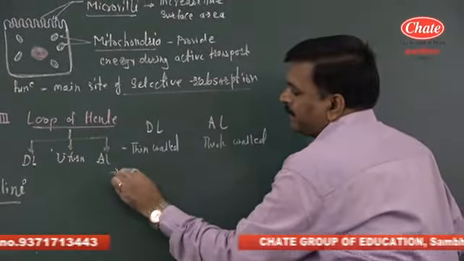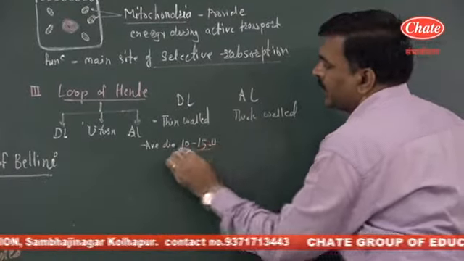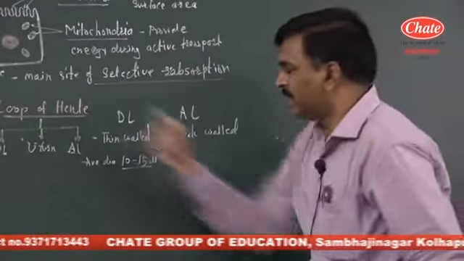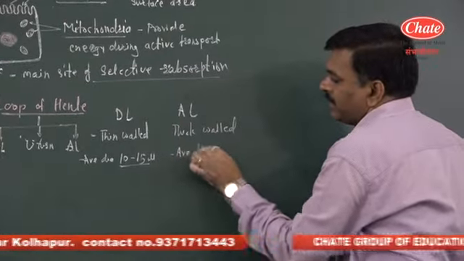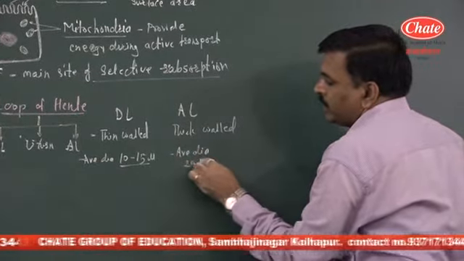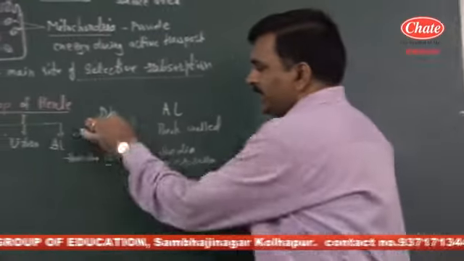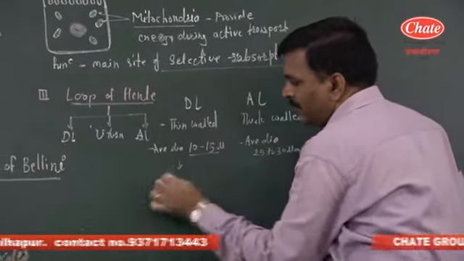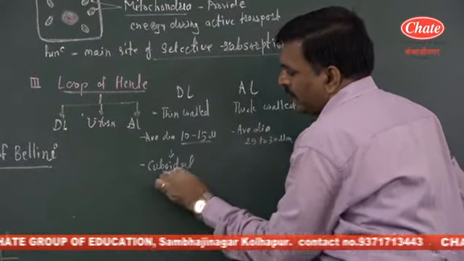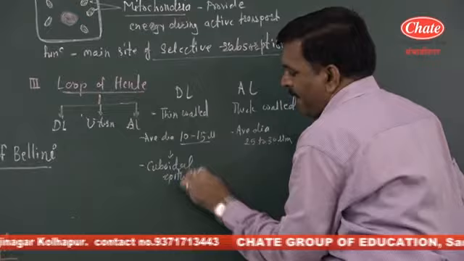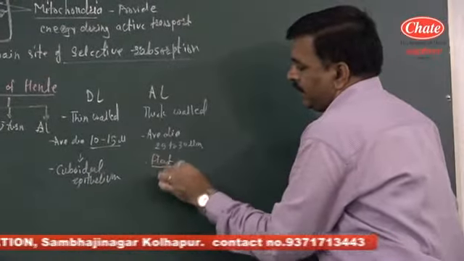Average diameter: 10 to 15 micron is the average diameter of the descending limb, whereas the average diameter of the ascending limb is 25 to 30 micrometer. The ascending limb is lined by cuboidal epithelium, while the descending limb is lined by flat epithelium.